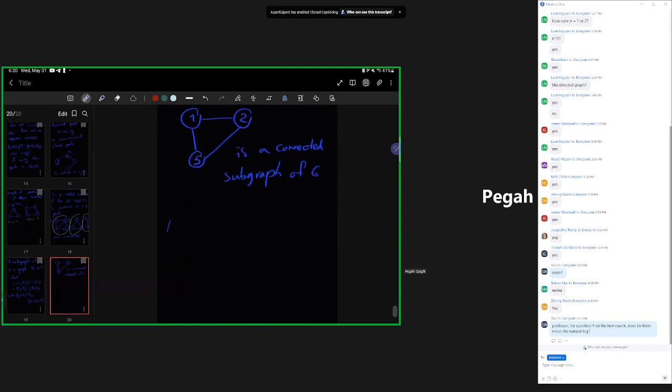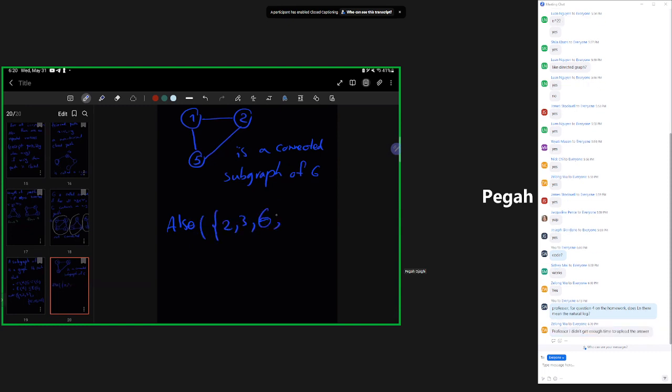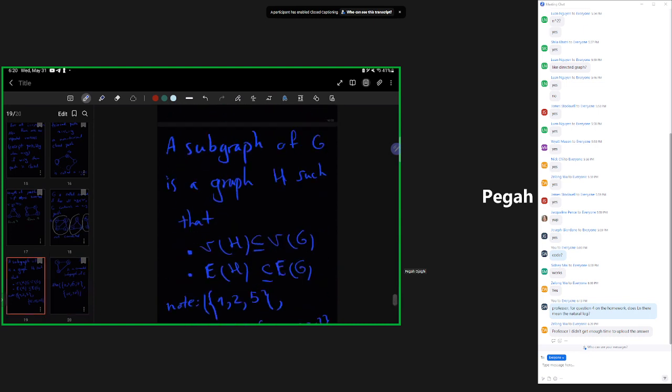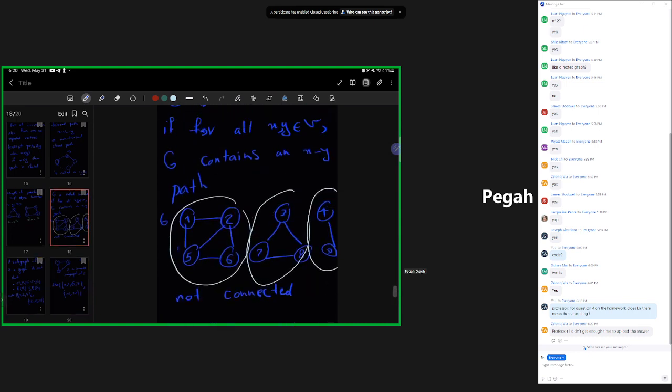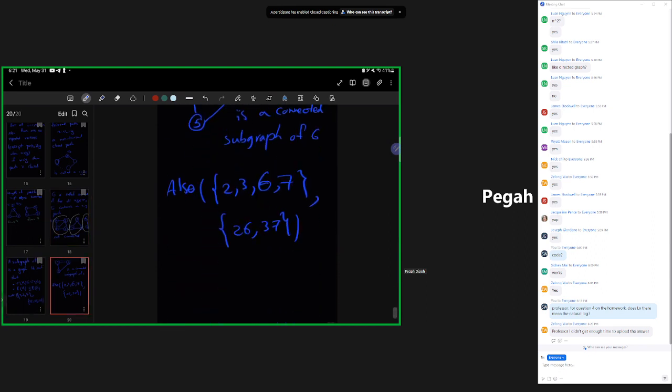But let's consider another subgraph. Let's consider vertices 2, 3, 6, 7, and the edges 2-6 and 3-7. So 2 is connected to 6, 3 is connected to 7. This is another subgraph.